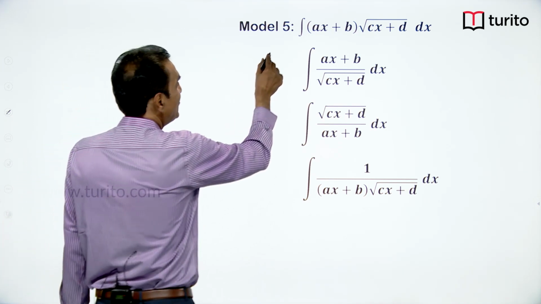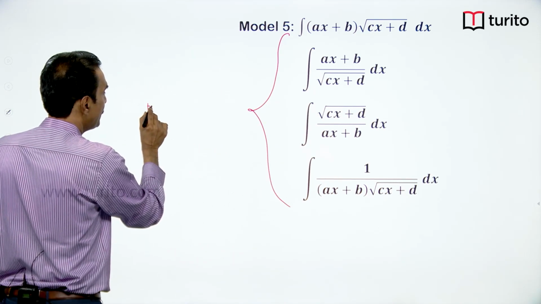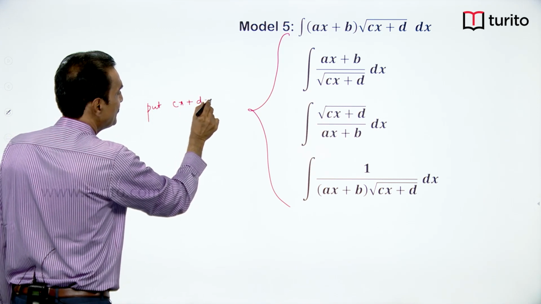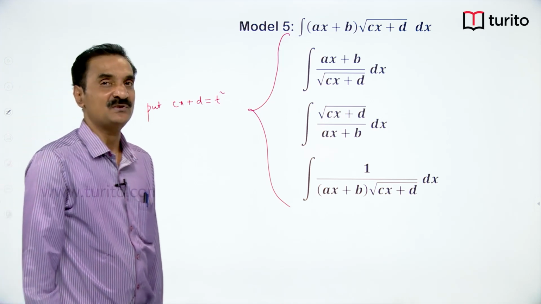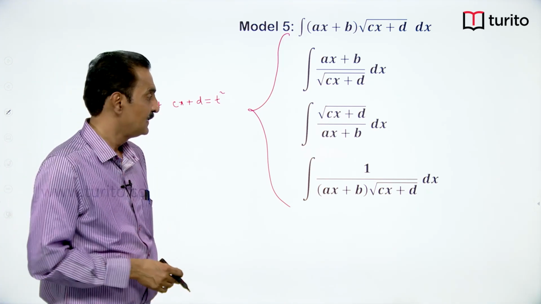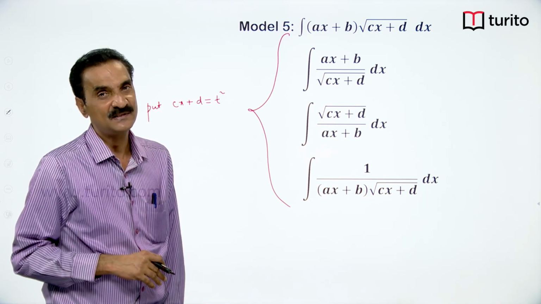So, the standard substitution for these 4 forms is: put cx + d = t². Then it becomes a rational function. Whichever term is there in the square root should be substituted as t².